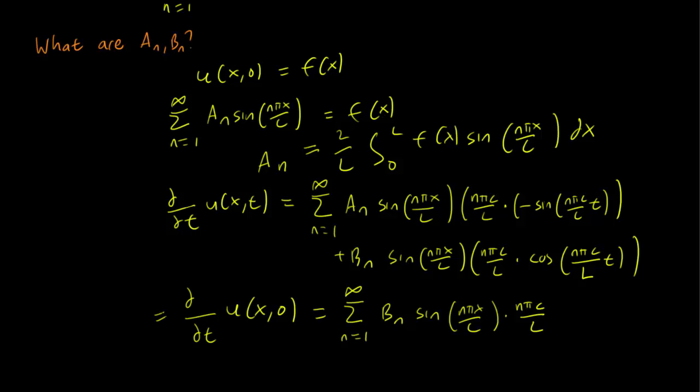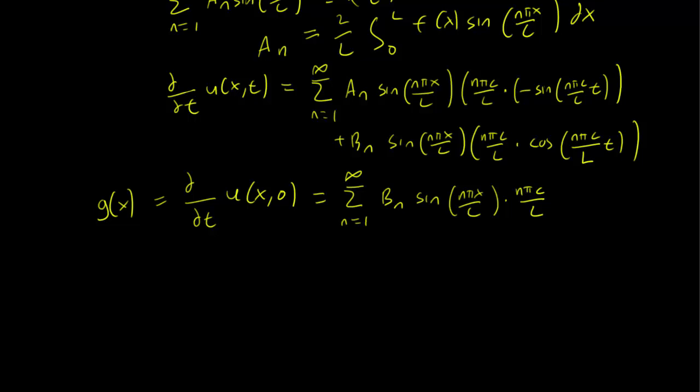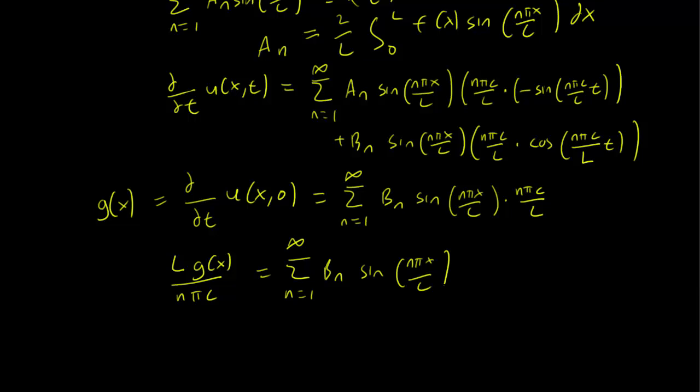And this is equal to g(x) by our initial condition. But this just means that we are looking at the sine Fourier series of this function, b_n sine n pi x over L. So the sine Fourier series of L g(x) over n pi c.